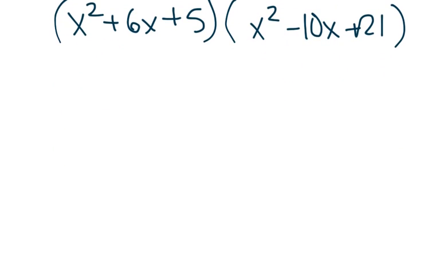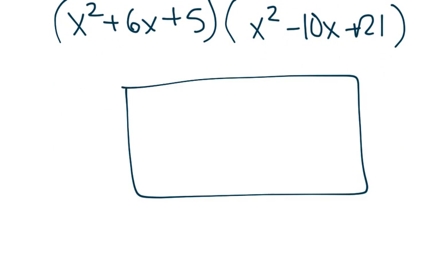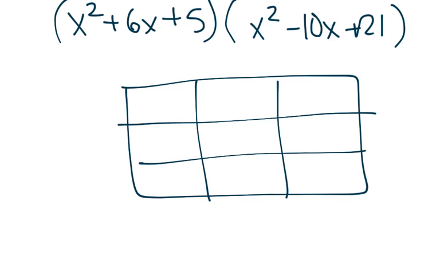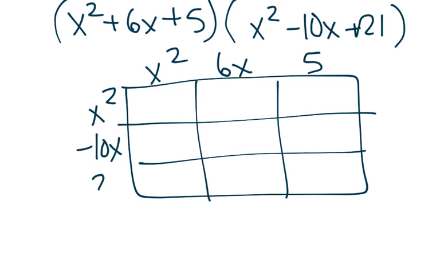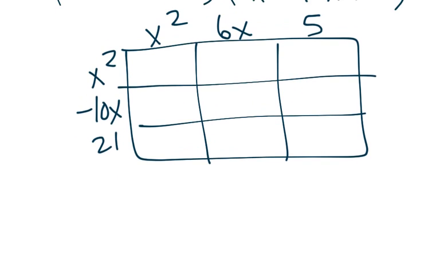Now we're going to do it one more time with these guys. So x squared, 6x, 5, x squared, negative 10x, and 21. And this is going to give us our equation, essentially.